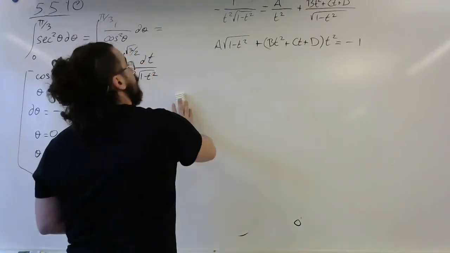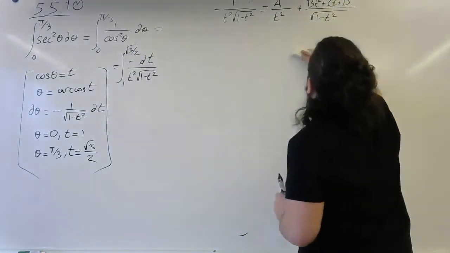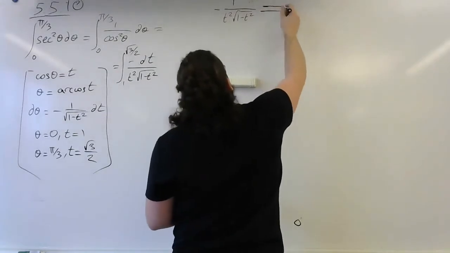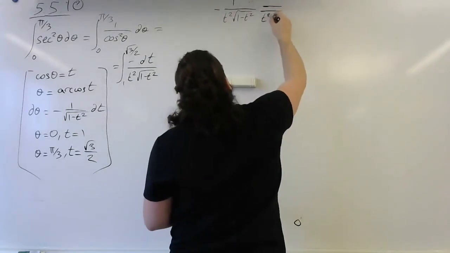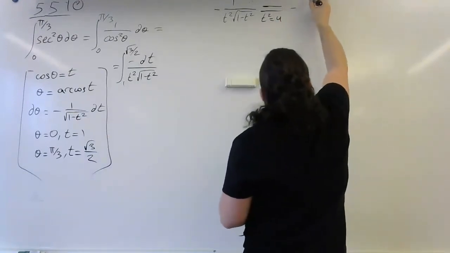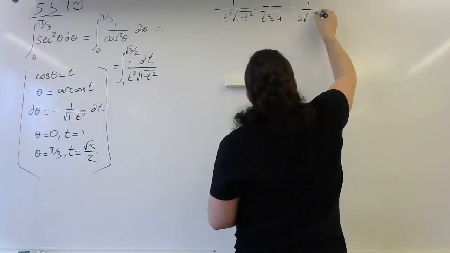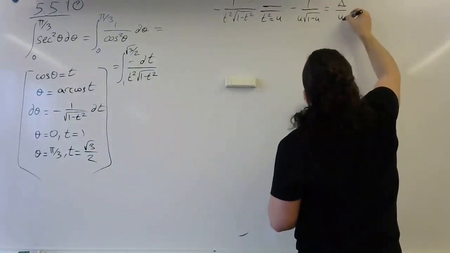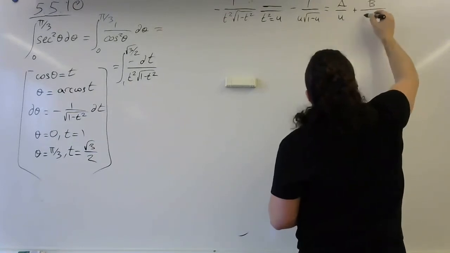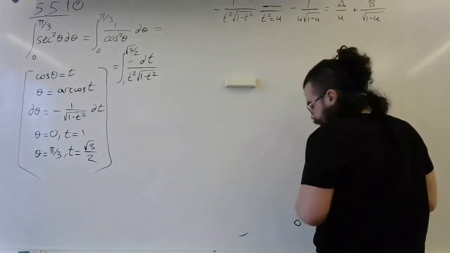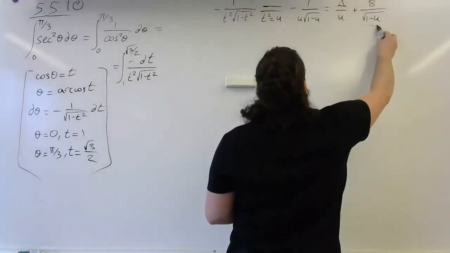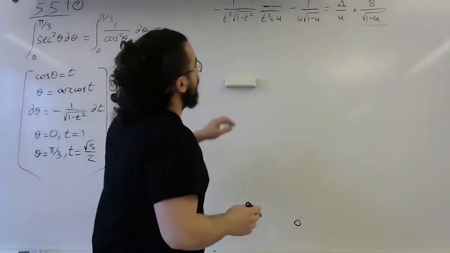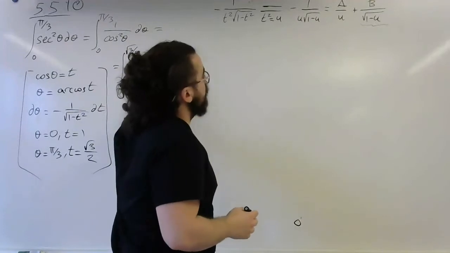Nobody? Okay. So I'm going to do a trick here, and is this change of variable. And we assume that this is a over u plus b over square root of 1 minus u. Here we have an obvious problem. This is not a polynomial. So definitely a and b should not be coefficients, but maybe something completely different.